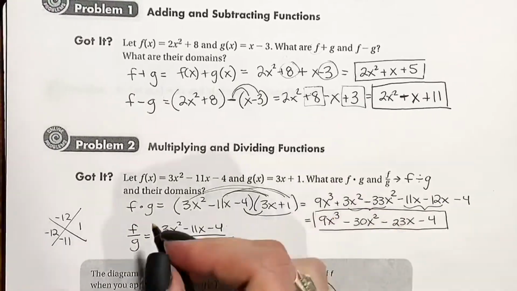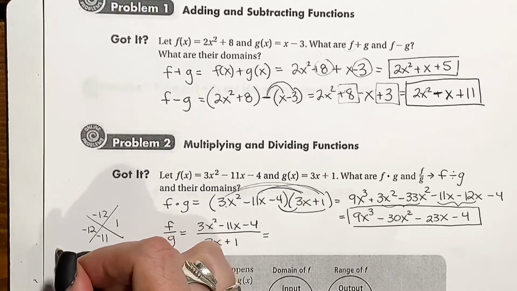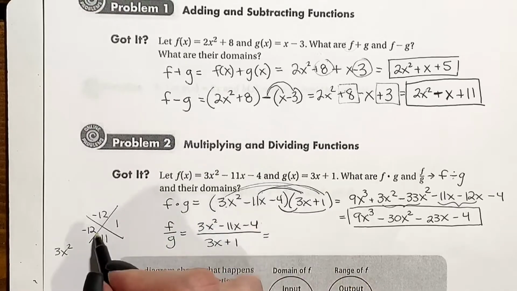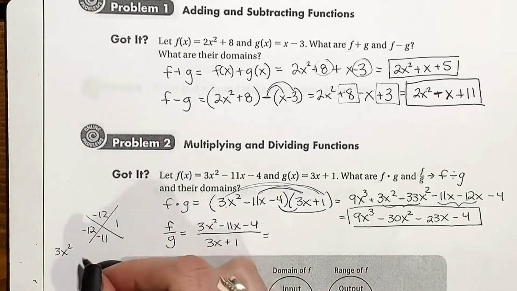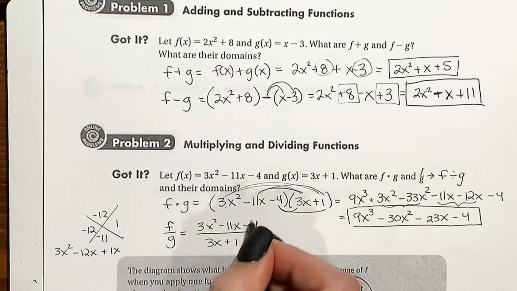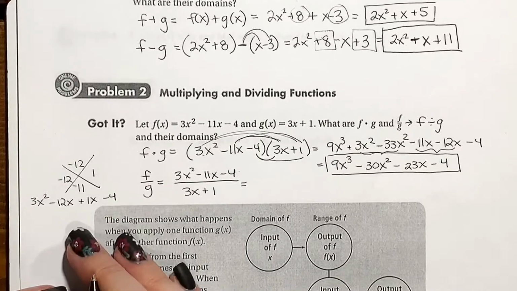So maybe I'll come and do the whole thing on the side right here to save some space. So we end up with the 3x squared, but I'm going to split that negative 11x up to be a negative 12x and a 1x. And then we have our minus 4. So this will be a good review on factoring. I haven't done that for a while.